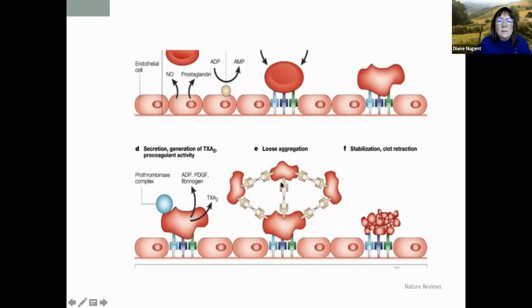Here are the clotting proteins bringing all the platelets together. We call that loose aggregation. But finally, with clot stabilization, here's what happens. Nice, tight clot that is going to be there for a while, even under high shear. And so that's the interconnection of all of those things.